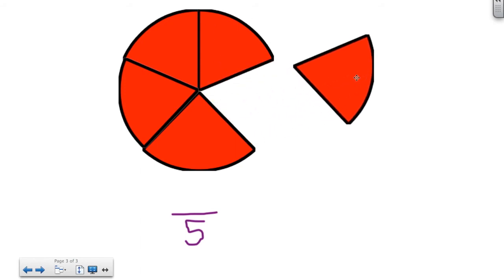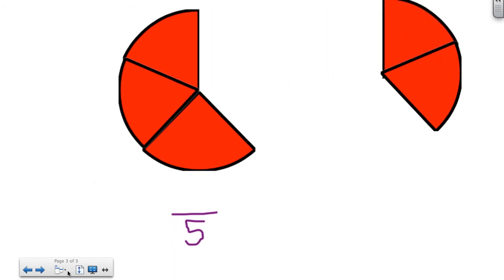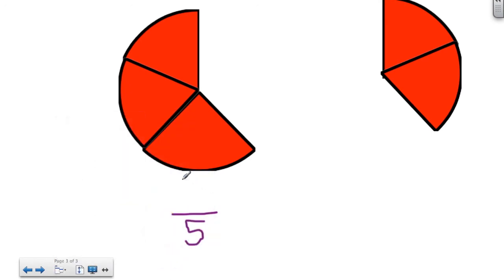So if I wanted to see what this was worth, this one over here would actually be worth 1/5. It's 1 out of the 5. 5 over 5 equals a whole, but that one there is 1 part of it. So I'll take 2 out, which leaves us with 3/5.